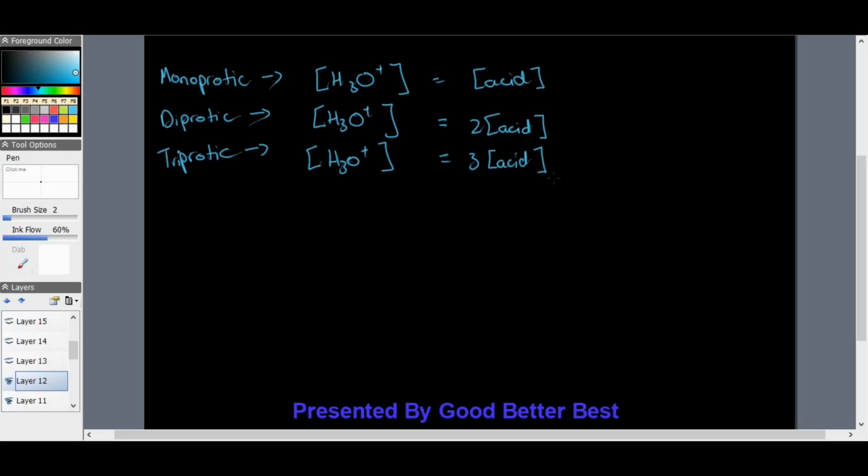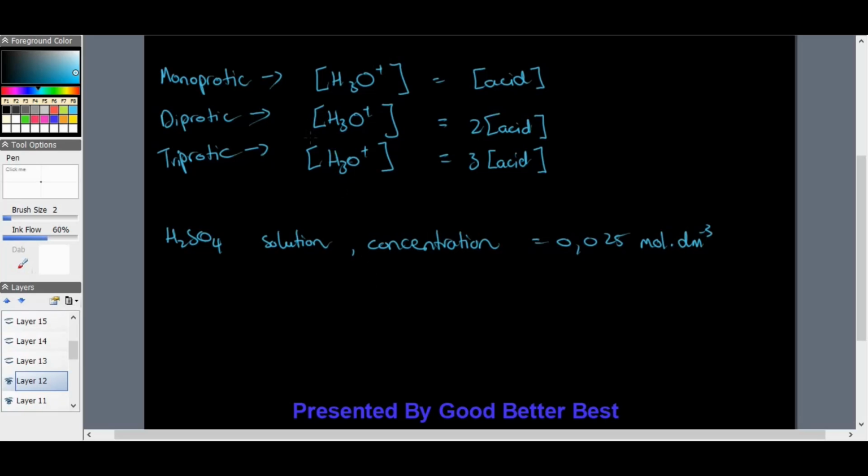To show you that in an example, if I have an H2SO4 solution with a concentration of 0.025 mole per decimeter cubed, and the question is to calculate the pH level.